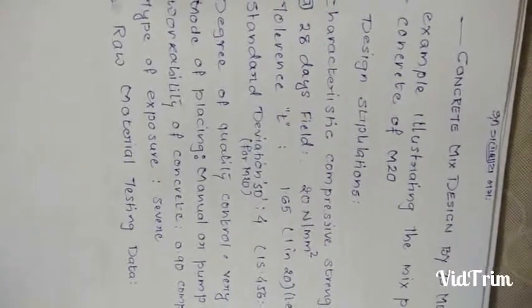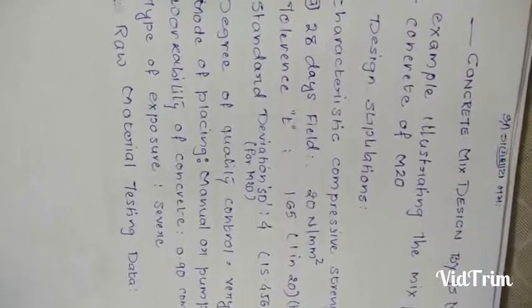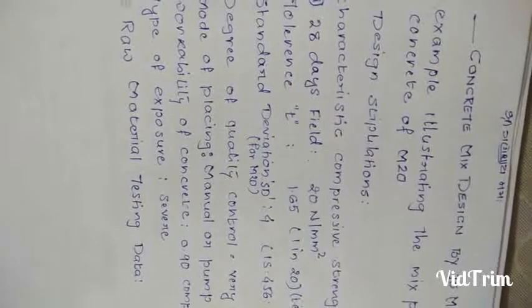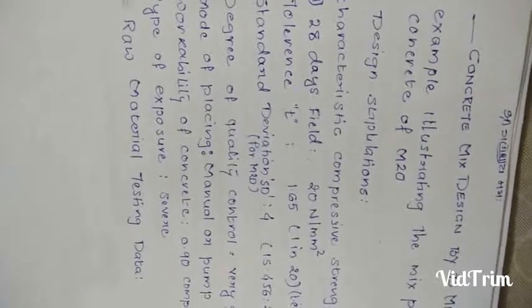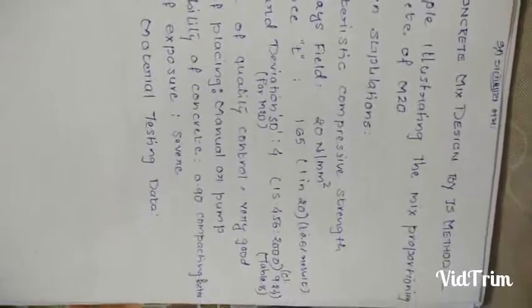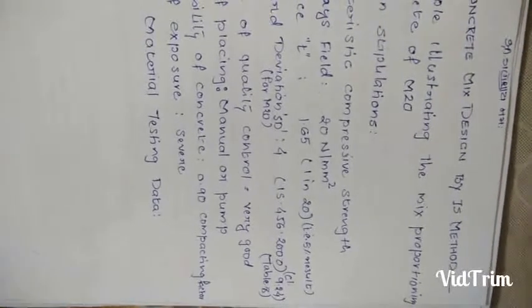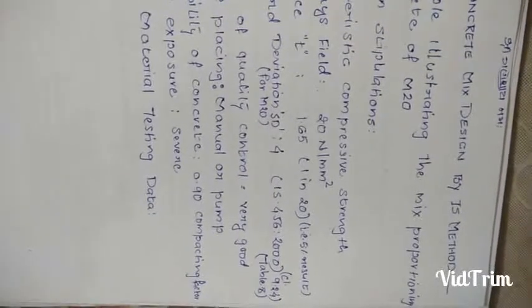So this is the meaning of tolerance T, right? Now standard deviation. In our case we have considered grade M20. As per IS 456:2000, clause number is 9.2.4 and Table 8, right?